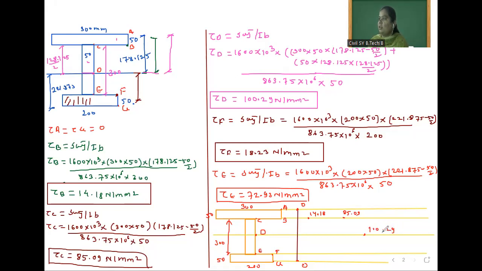After that, shear stress at F, 18.23. First, we have to locate the E point. So shear stress at E, 72.98.